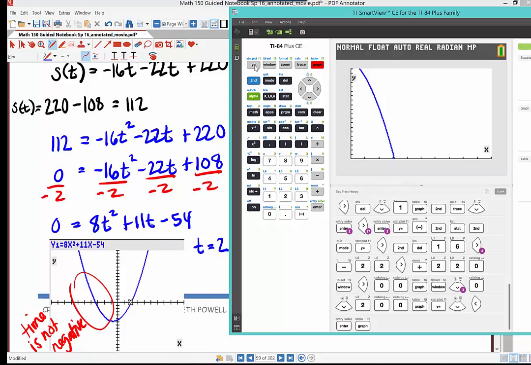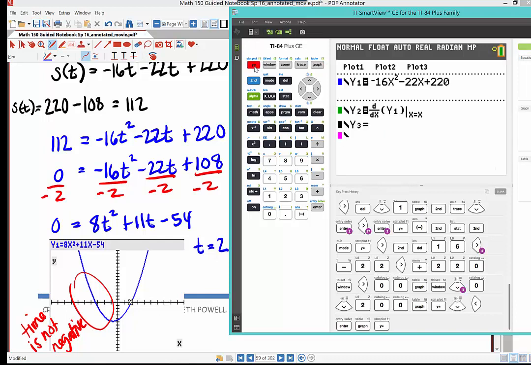So let's get an idea of the values for our derivative graph. It should be showing up. We did that. For x is x.